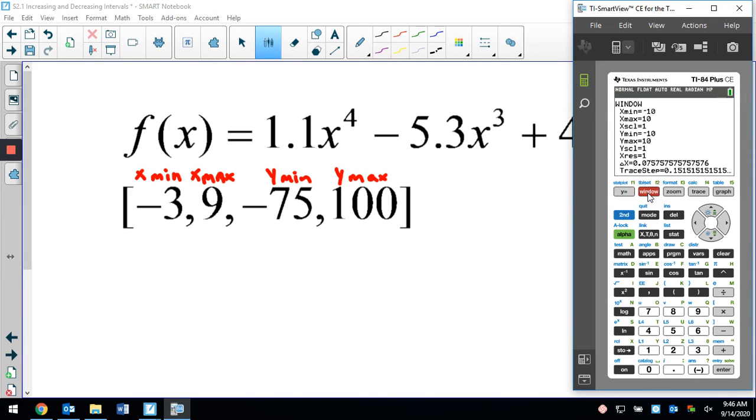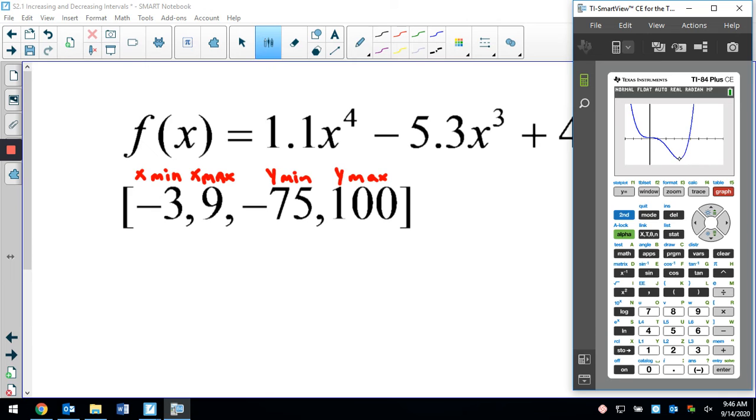So I'm going to hit the window button again, and I'm going to copy these settings. Not negative 9, it's supposed to be negative 3 to 9 on the x-axis, and then negative 75 to positive 100 on the y-axis. Copying these numbers into my window settings, and now I can take a look at the graph and check that out.